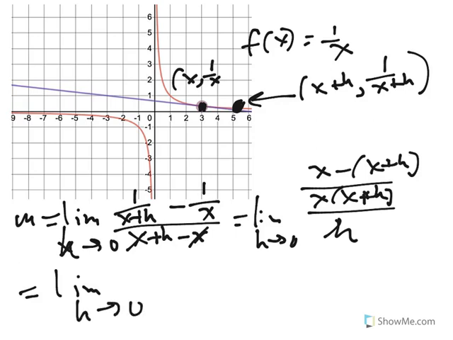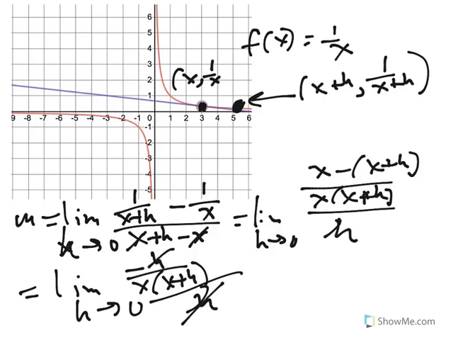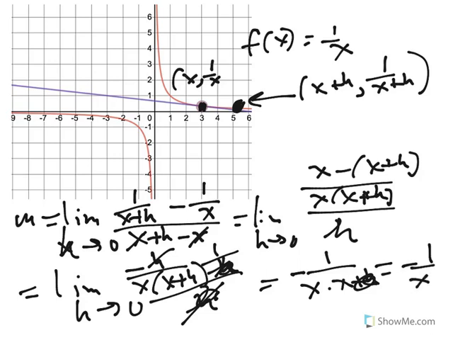This turns into negative h over x times x plus h over h. This h can cancel out with this one. You could do that if you want by multiplying by the reciprocal. And we get negative 1 over x times x plus h. Finally, we can plug 0 in for h and get negative 1 over x squared.